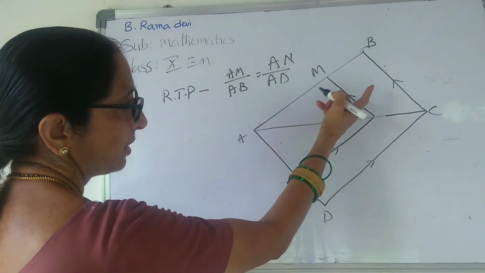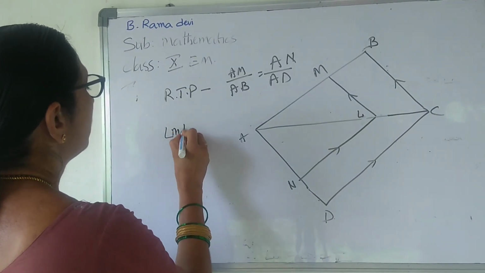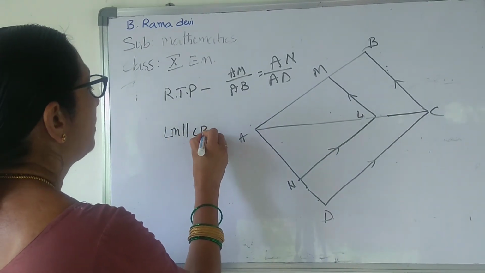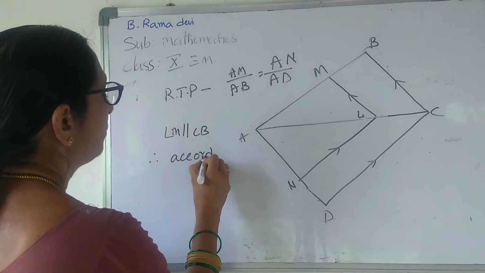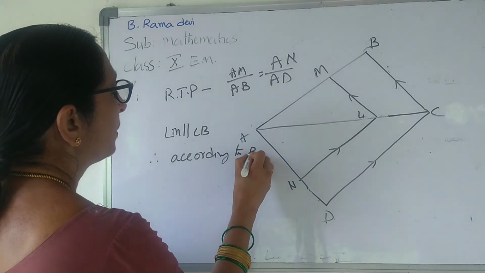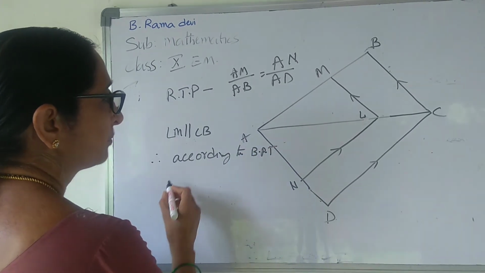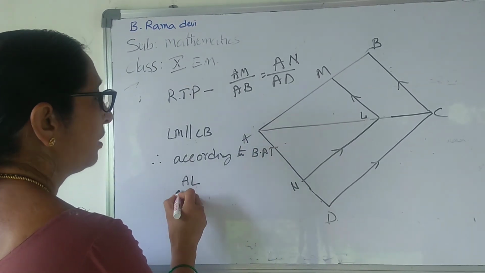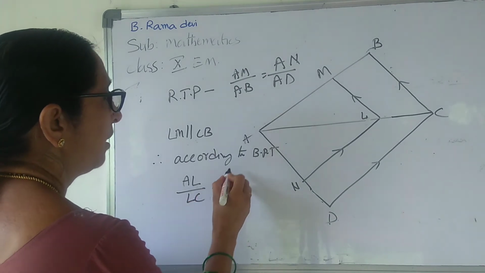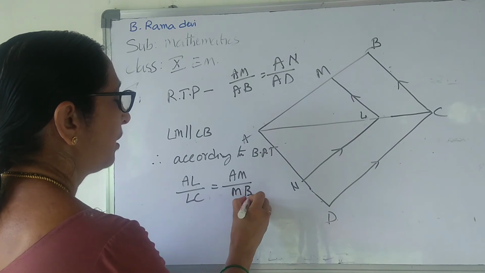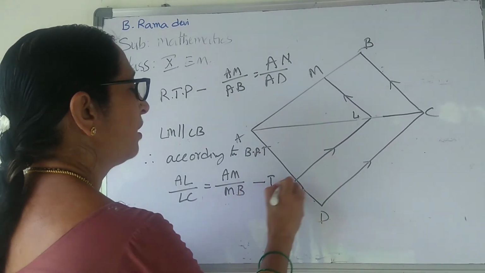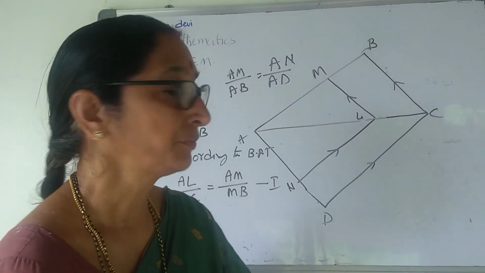LM is parallel to CB. Therefore, according to BPT, AL by LC is equal to AM by MB. This is the first equation.